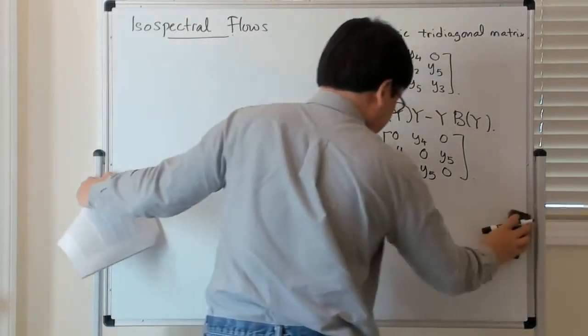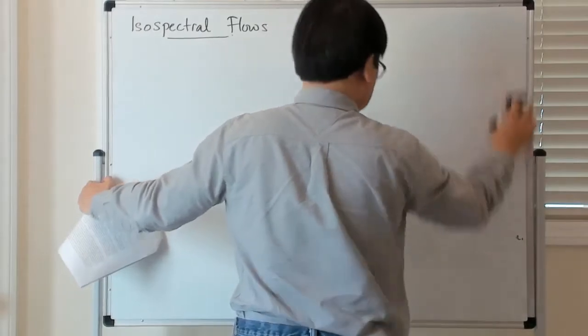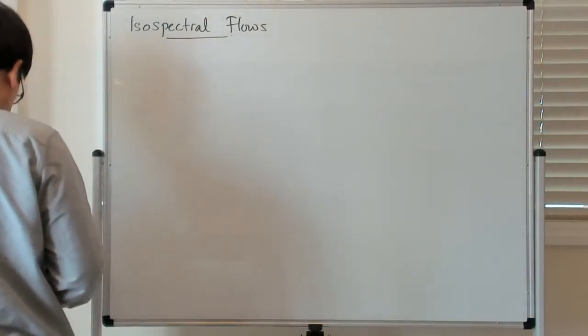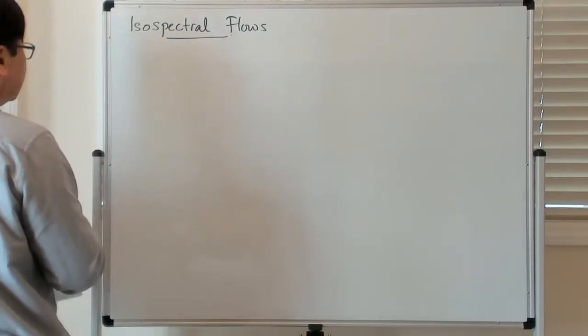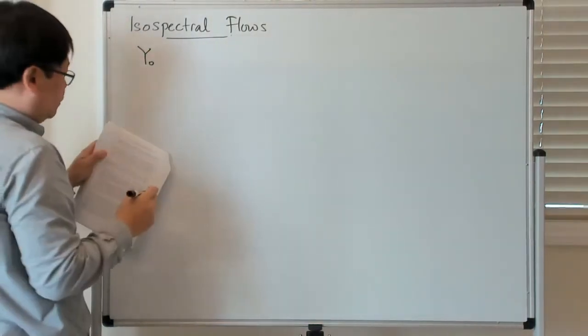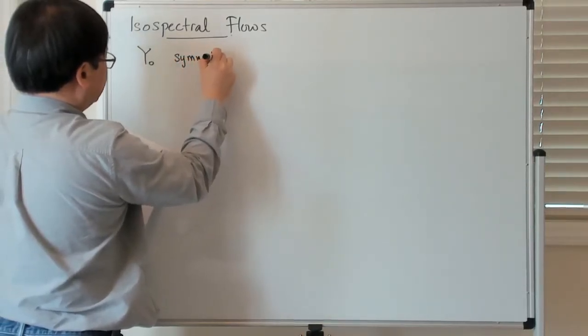So let's see how you can try to generalize this. All right. So what you want is some initial data. So let's say you have initial data y0, and this is a symmetric d by d matrix.